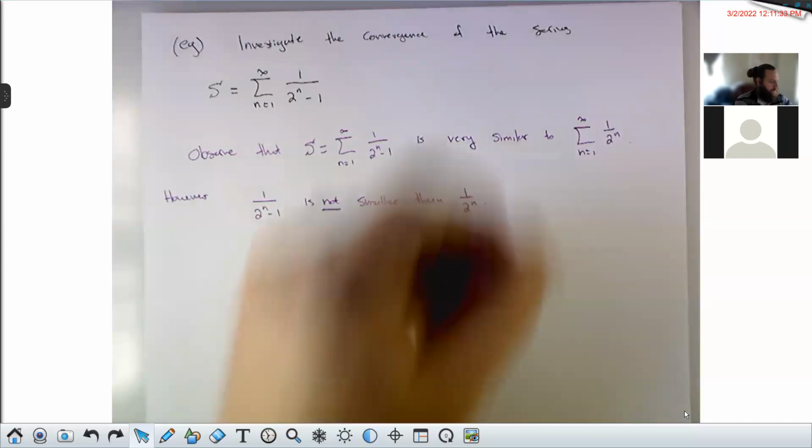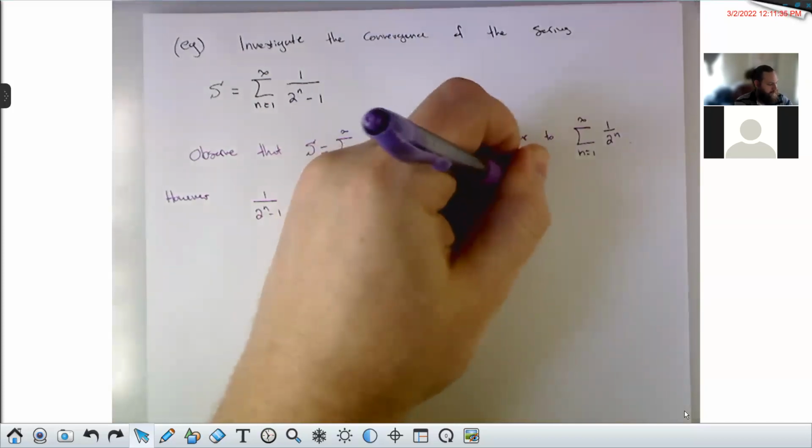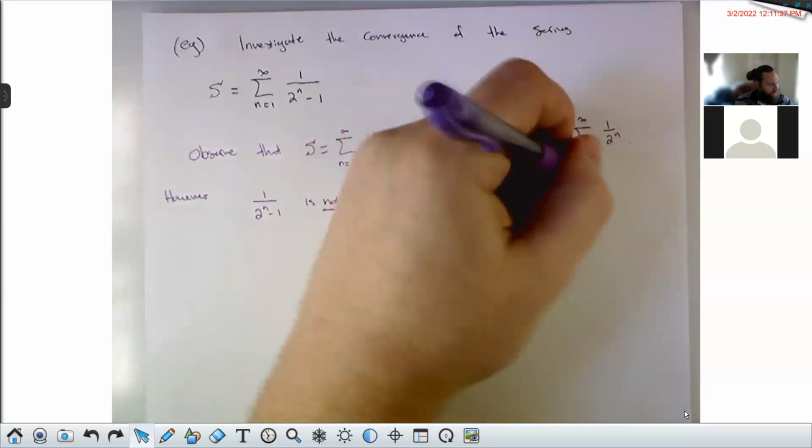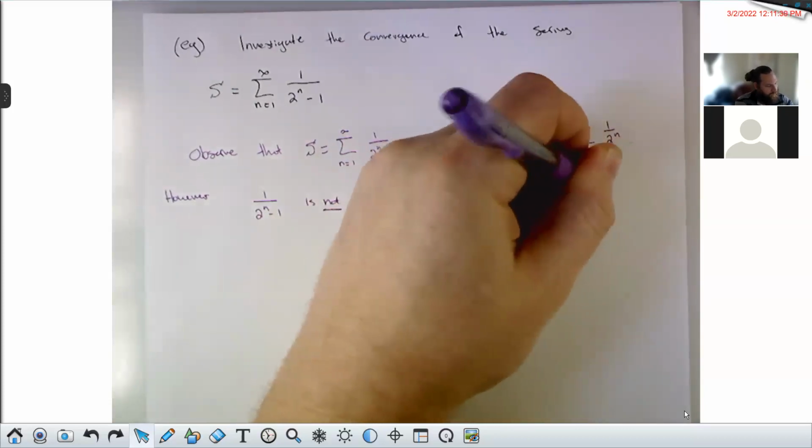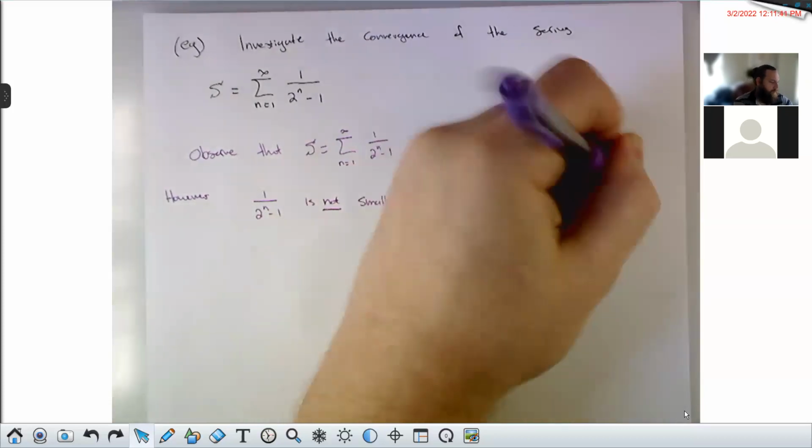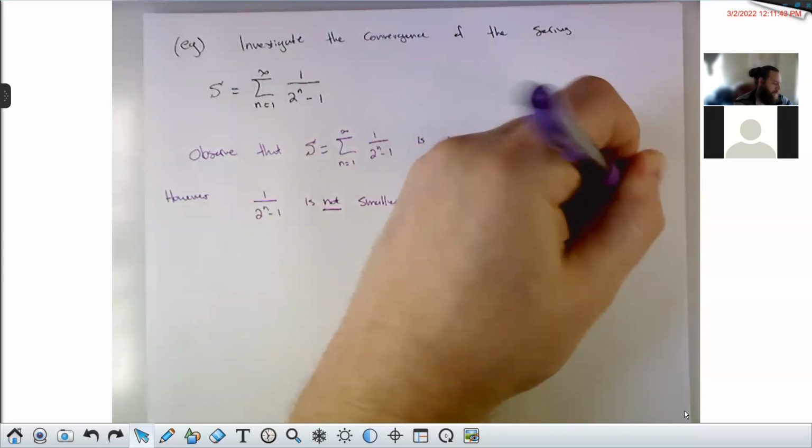In fact, the other inequality is true. 1 over 2 to the n is less than 1 over 2 to the n minus 1.